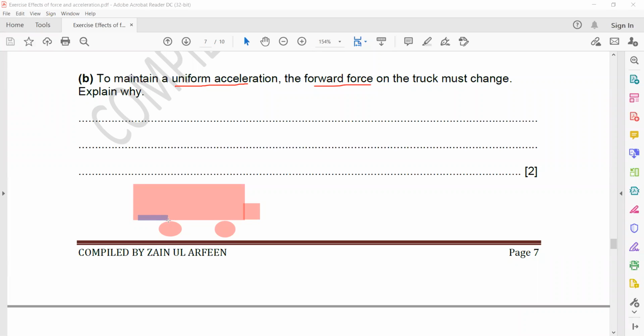For example, this blue shade is representing the fuel of this truck. As the truck is moving, it will consume the fuel, it will use up the fuel. So what will happen to the mass of the truck? Will it increase or decrease? As the truck uses up the fuel while moving, the mass will decrease.